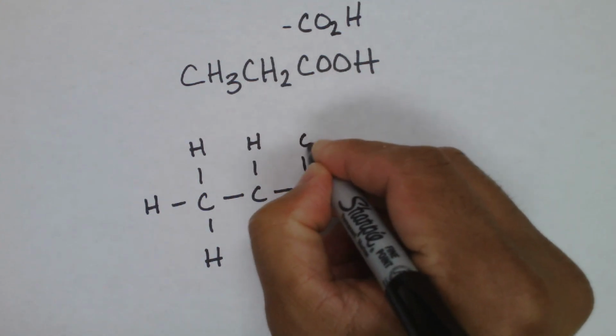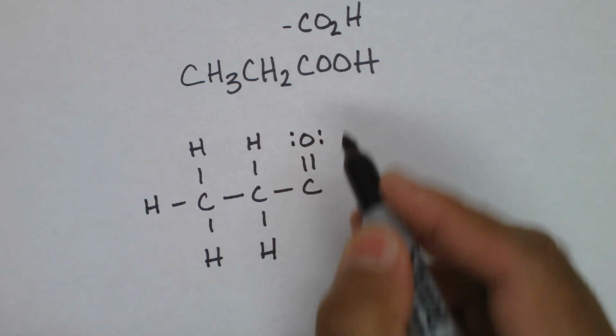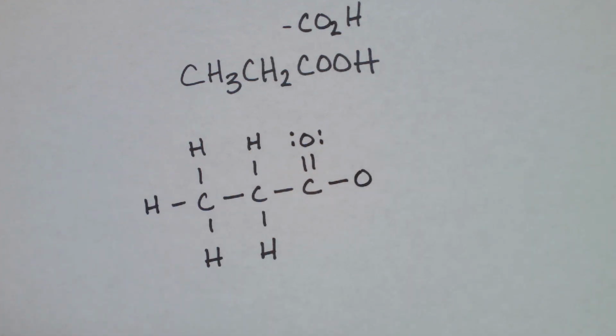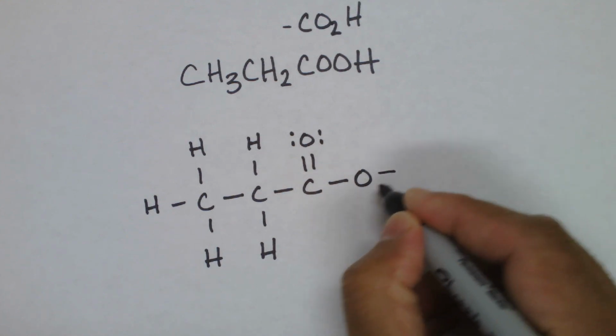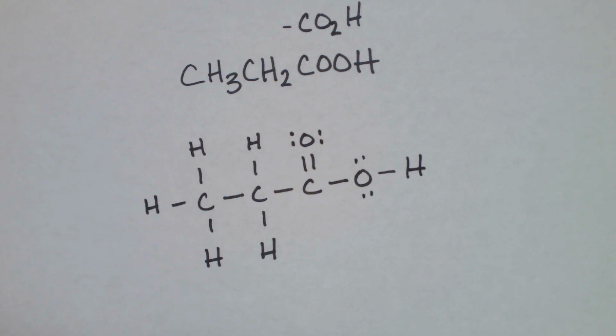So here's that C=O double bond. And then we'll have a single bond going out to that second oxygen. And this last oxygen, the common bonding pattern, of course, is two bonds and two lone pairs, will be bonded to this last hydrogen.